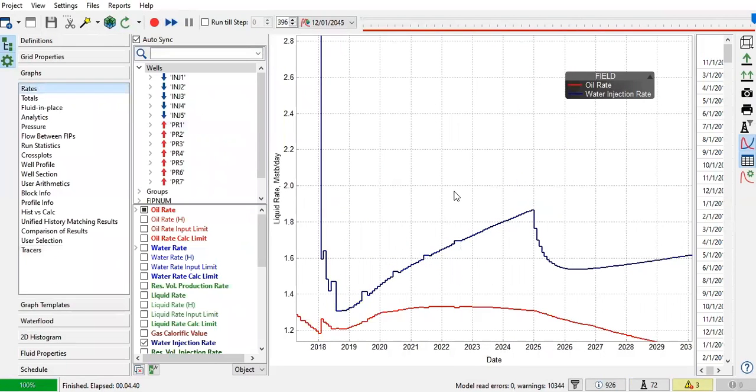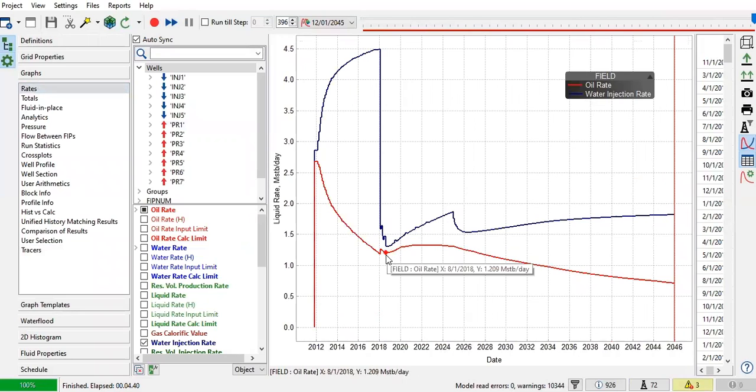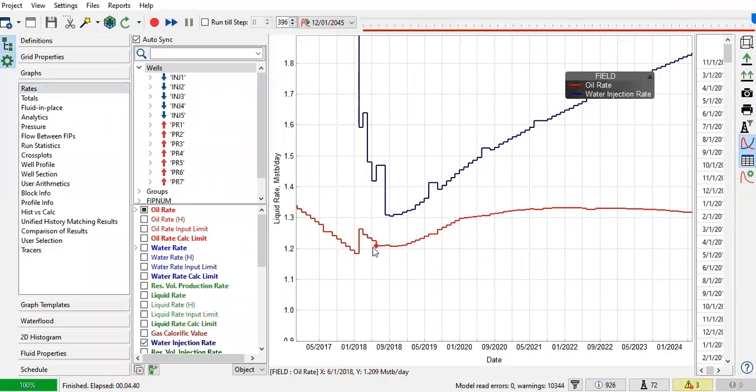And that results in increase of production, or not that, but yeah, 2018, we start injecting the polymer, and you can see here, production increases.